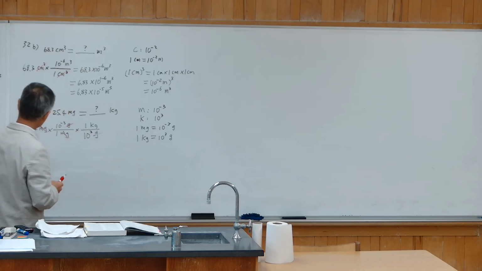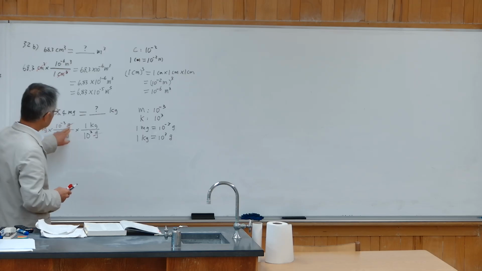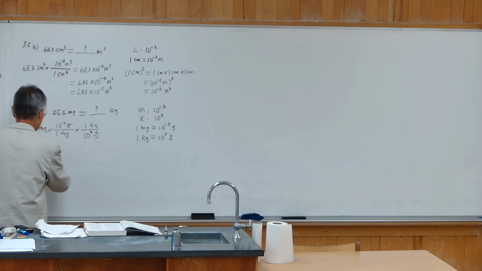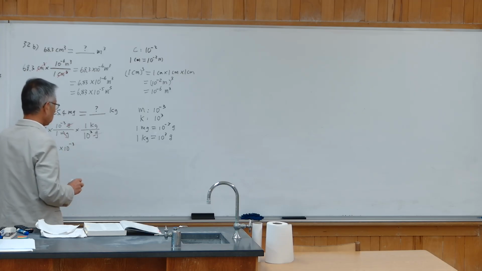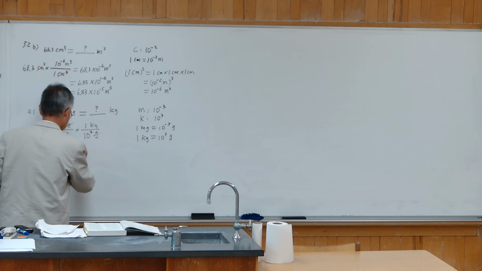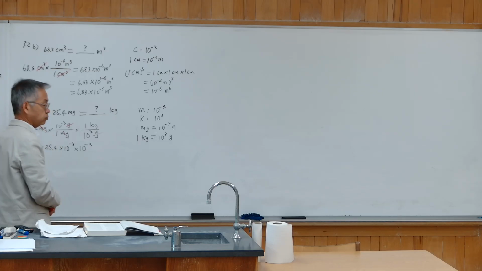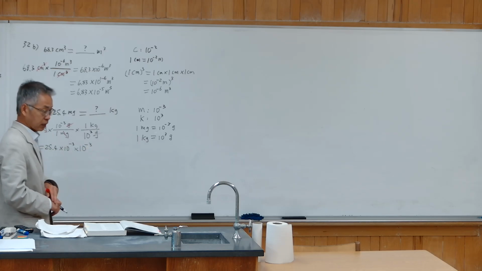This means 25.4 times 10 to the negative 3 divided by 10 to the positive 3. Division is minus if multiplication is plus.